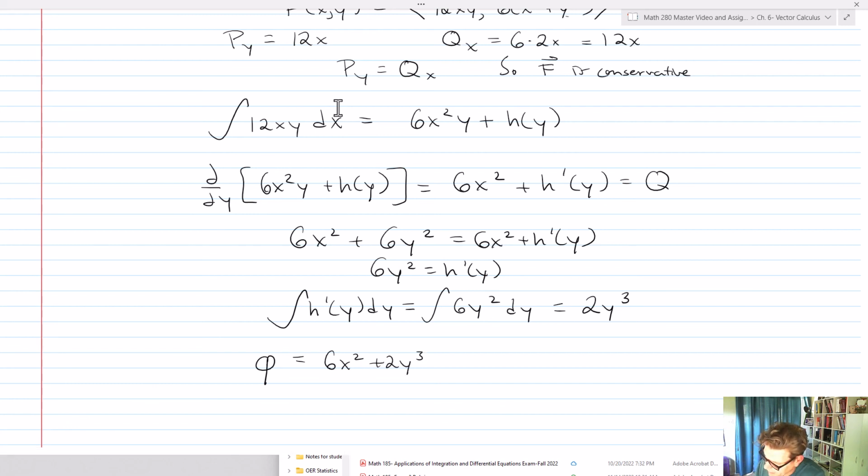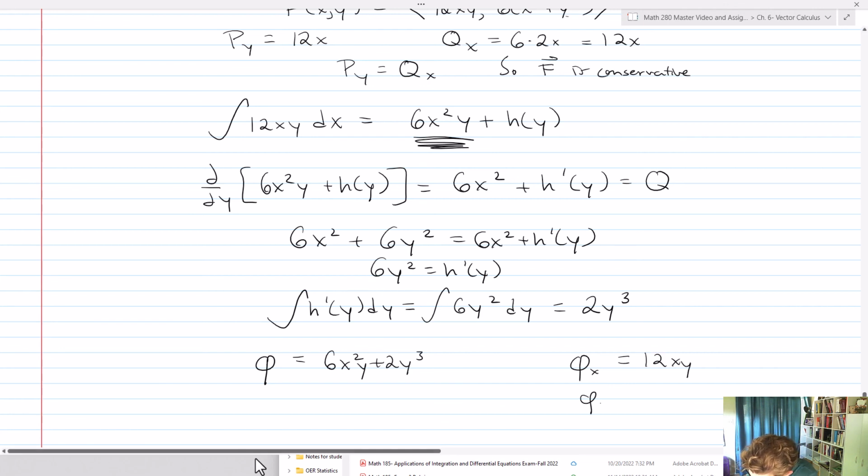And there's my potential function. Just to check, phi of x, 6x squared y plus 2y cubed, phi of x is going to equal then 12xy. Phi of y is thus going to equal 6x squared plus 6y squared. And we in fact have found the right potential function.